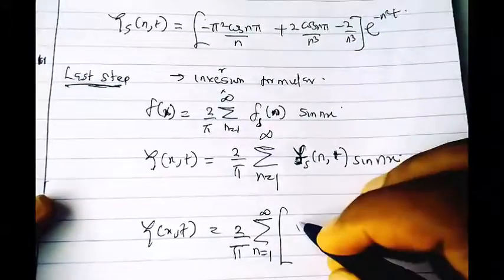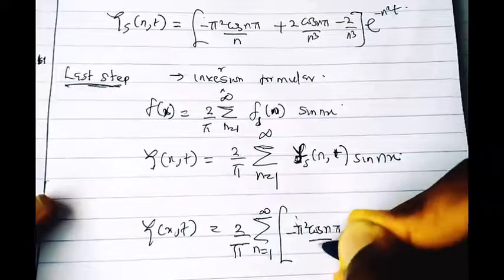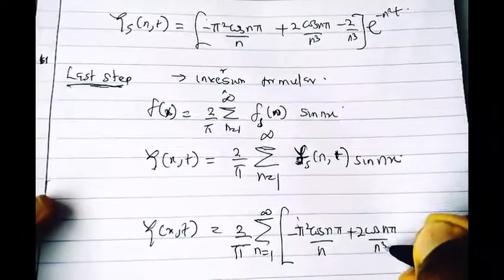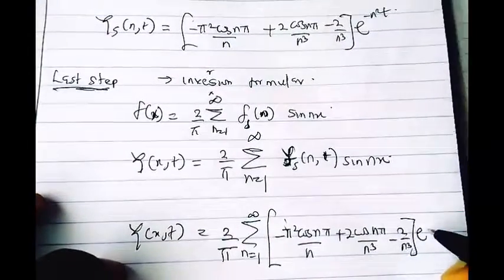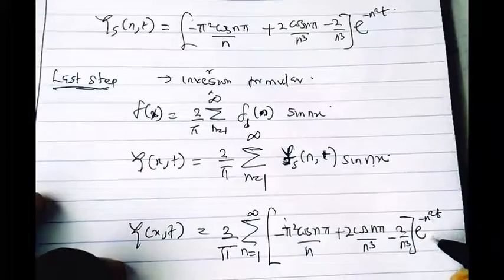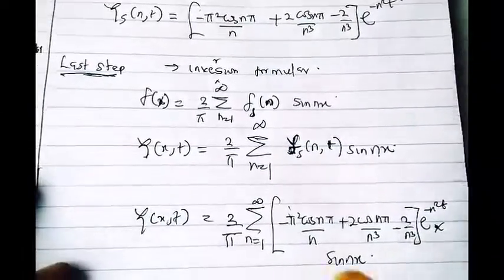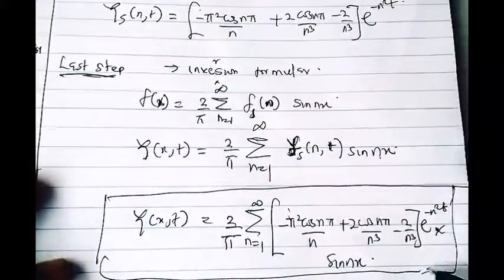Substituting this in, we have minus pi square cos n pi over n plus 2 cos n pi over n raised to power 3 minus 2 over n raised to power 3, right? Exponential minus n squared t, then multiplying sine nx. So this is the solution to that PDE.